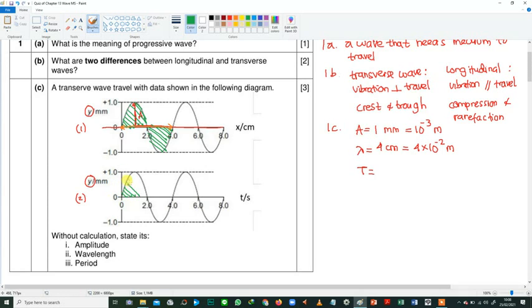One wave is one crest and one trough. So look at the time. It's from 0 until 4. Yeah, of course, the period will be 4, and the unit for it is second. So that is, everyone, how you answer question number 1. And for 1c, it's gonna be 1 point if you can write the answer correctly.